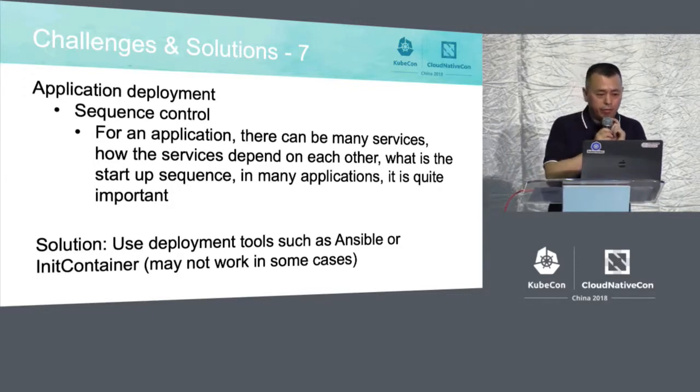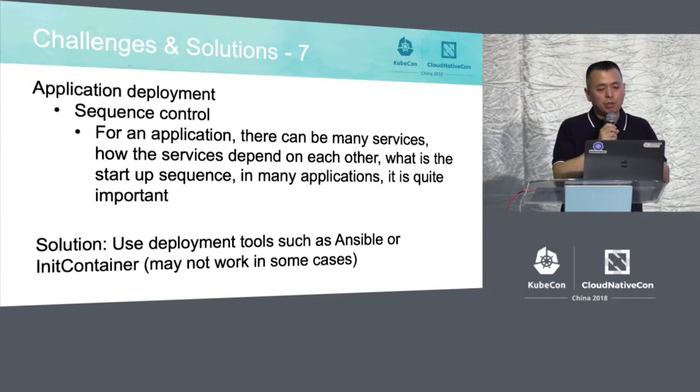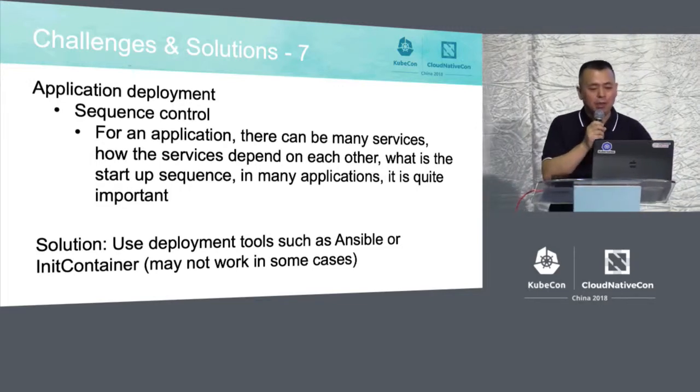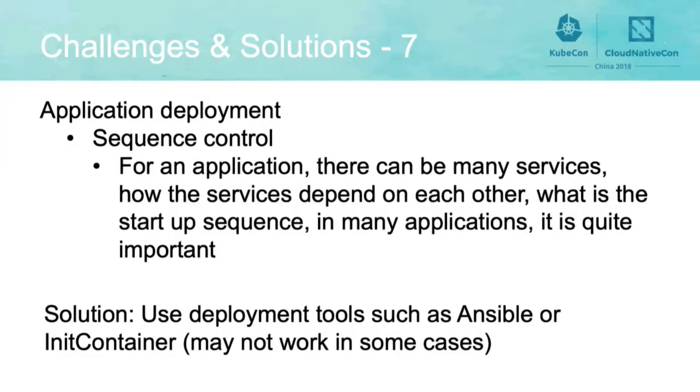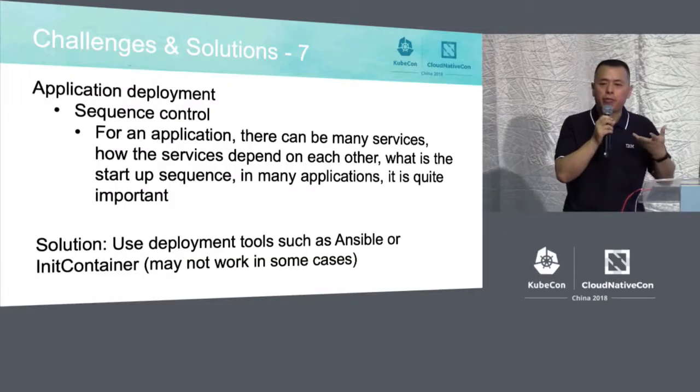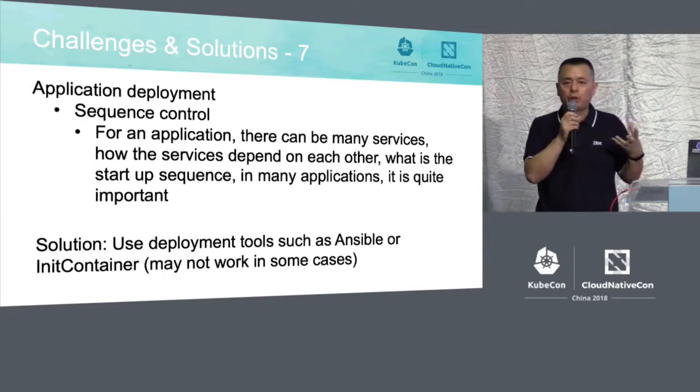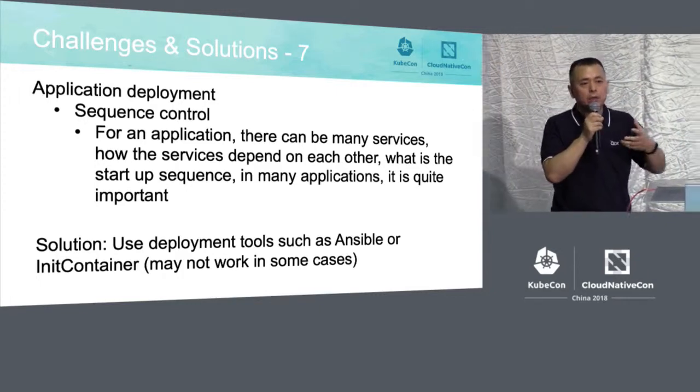I think I have run out of time. So, very last one. The other challenge is the application deployment. I told you guys that I work on Cello, which is an installer. So when you deal with a large system like Fabric, you always have many different components.